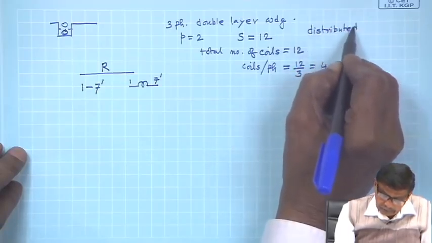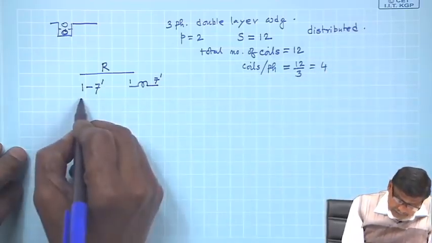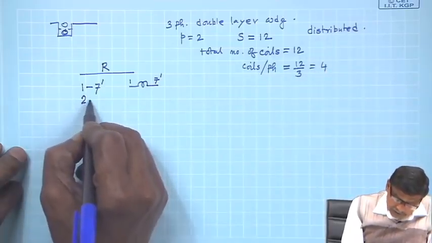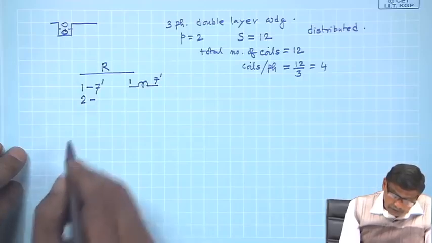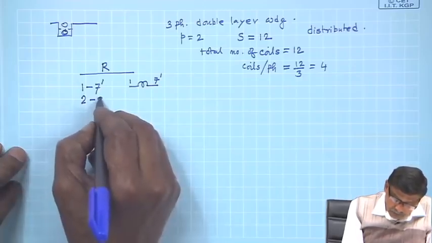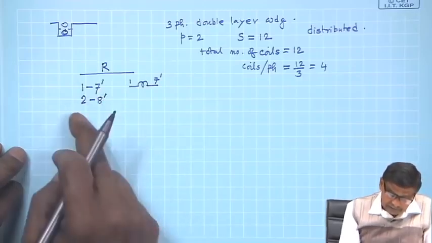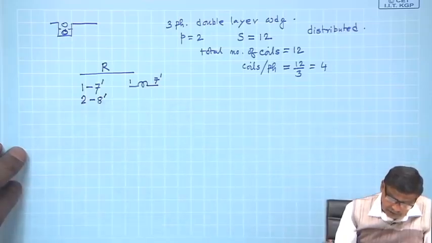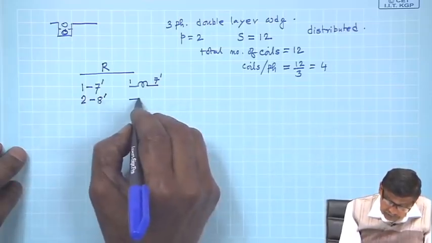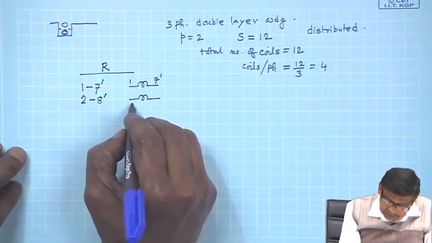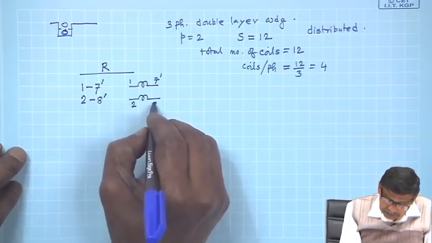So, the next coil which will belong to R phase, I will call it 2 8 dashed. Coil span is 6, all coils are identical. So, this will be like this, 2 8 dashed.